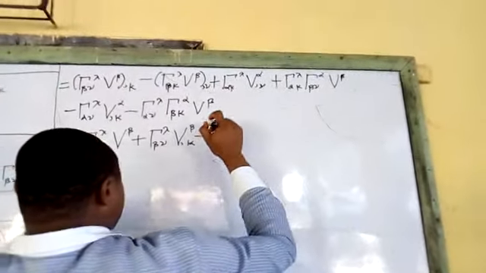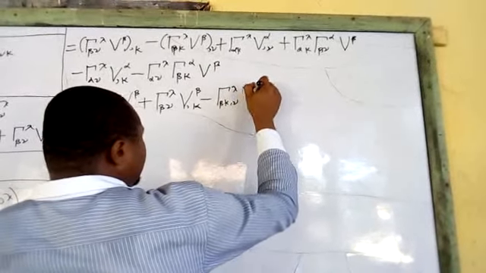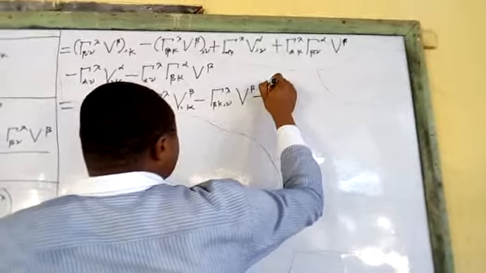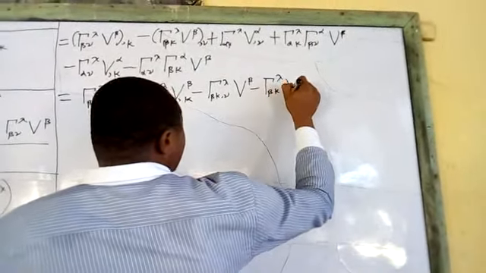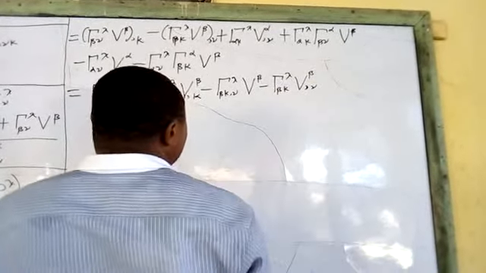So I have here with me Gamma^lambda_beta kappa comma nu, keeping the second factor constant, minus again because of the minus over here. This is Gamma^lambda_beta kappa V^beta, but then comma nu.